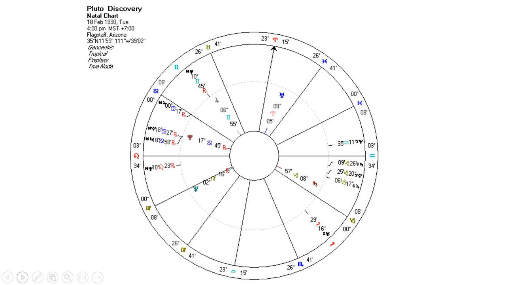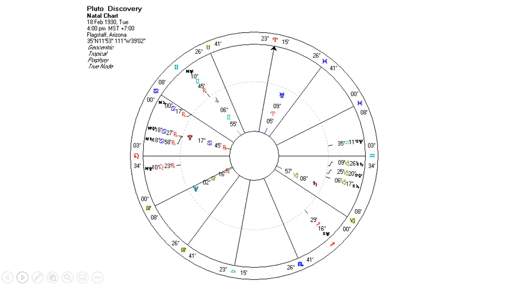Its north node was 18, and Saturn at 18 as well too. So this is an intensification and an acceleration point here, the retrograde pattern to revisit and relive. Again, this is a suggestion of intensification along the timeline.